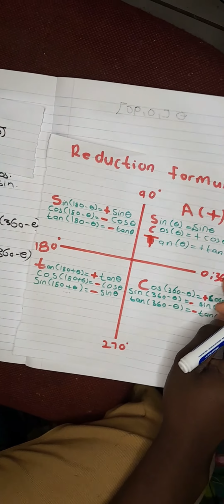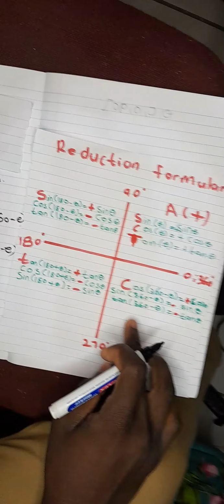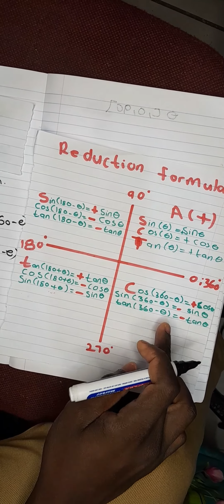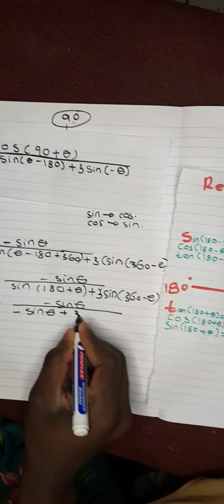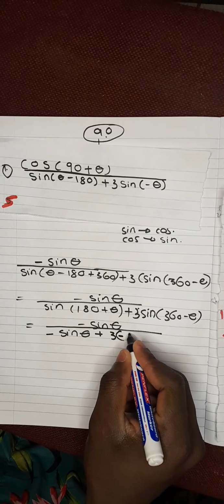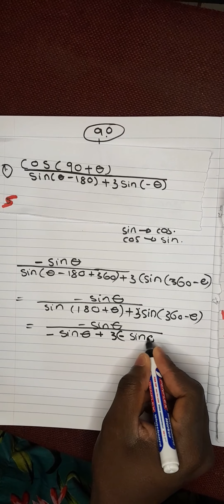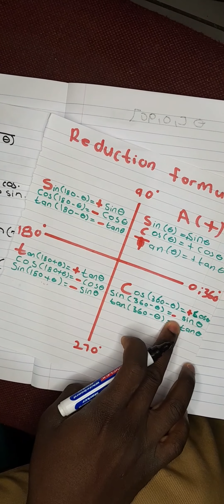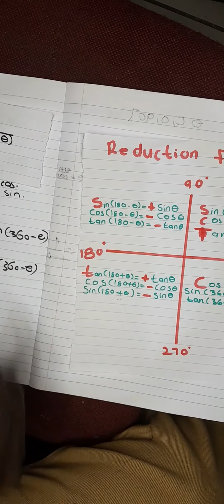With 360 it's here, and 360 minus means I come to my fourth quadrant, and I'm going to have 3 open bracket negative sin theta, since my sign in the fourth quadrant is negative.